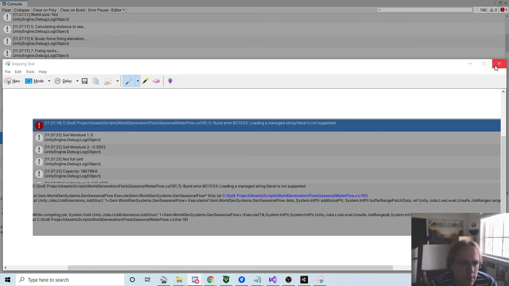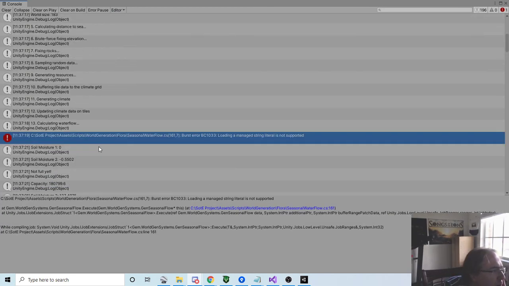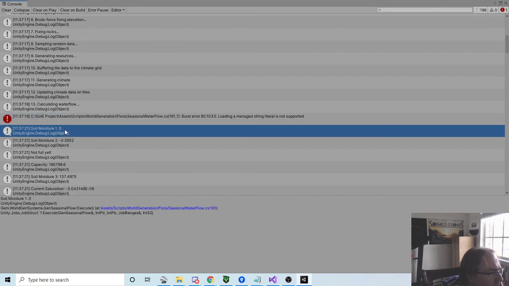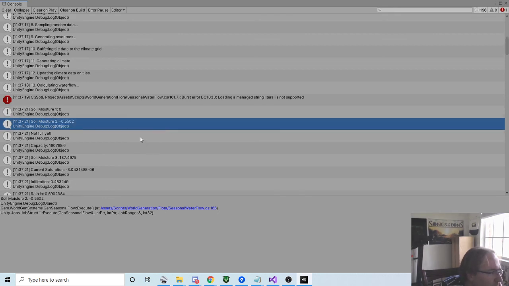That doesn't seem like a big deal. So soil moisture is initially 0. Then it's negative. So for some reason we're adding in negative moisture. Who knows?